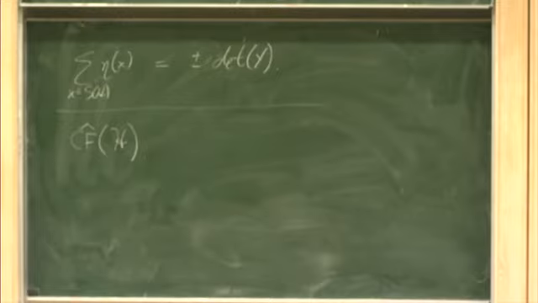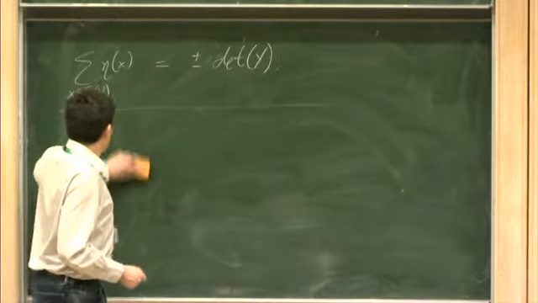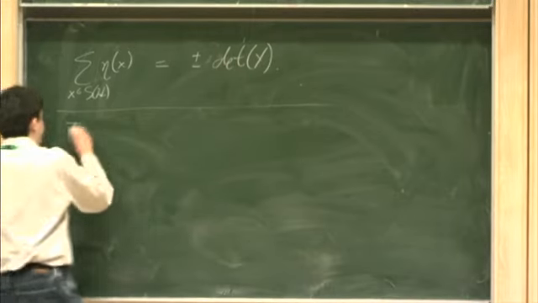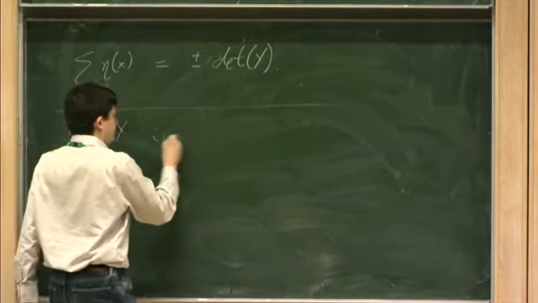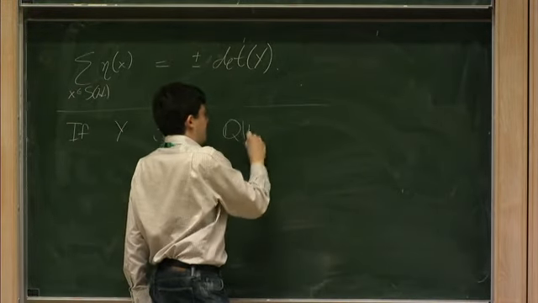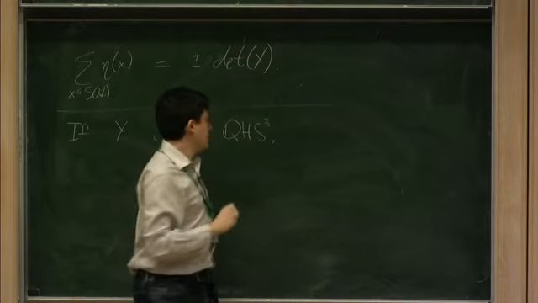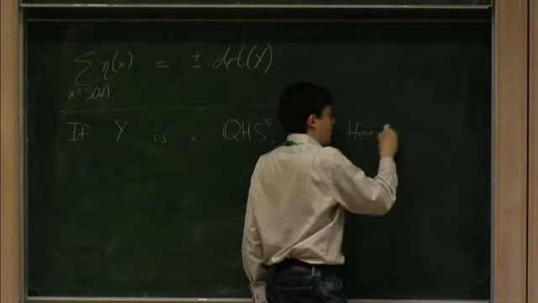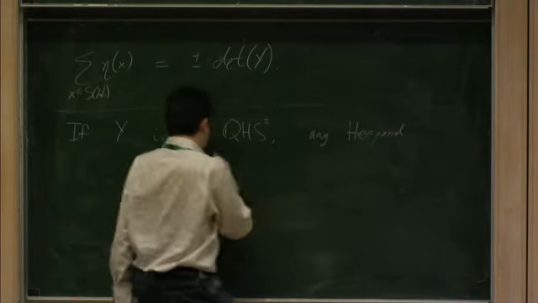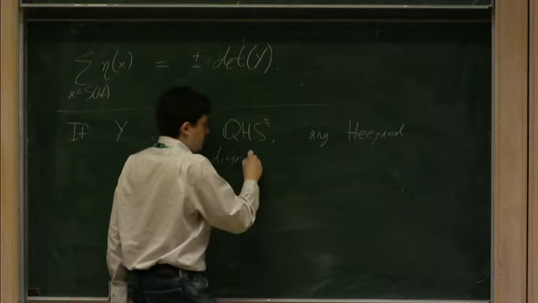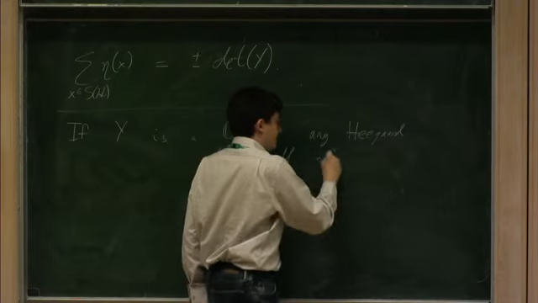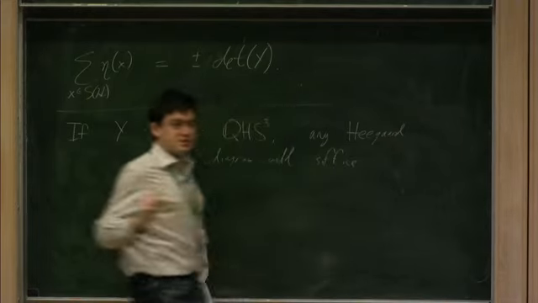I'm going to make some nice simplifying assumptions here. Assume we're talking about a rational homology sphere. So if Y is a rational homology sphere, any Heegaard diagram will suffice for what I'm interested in.